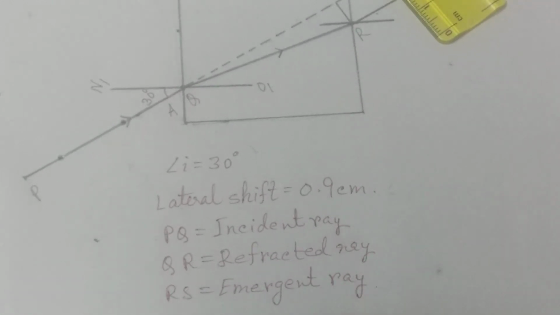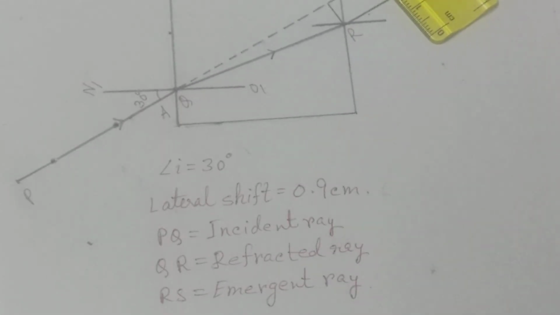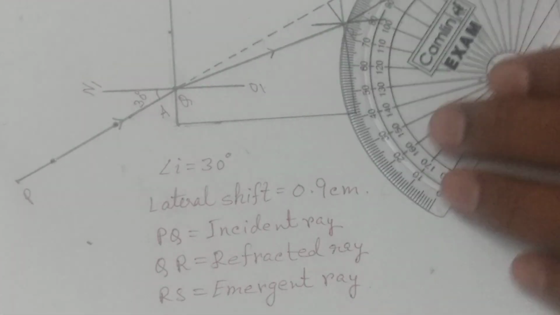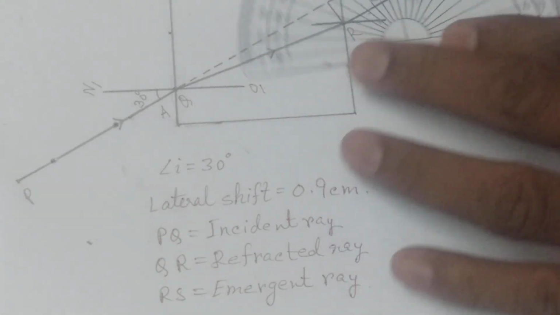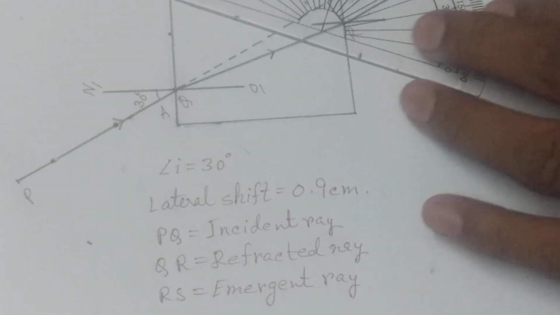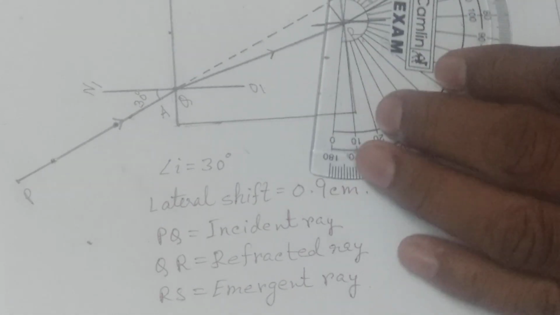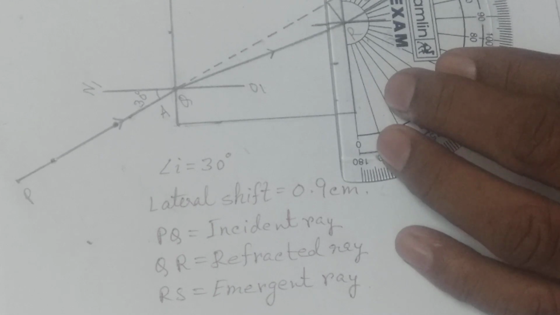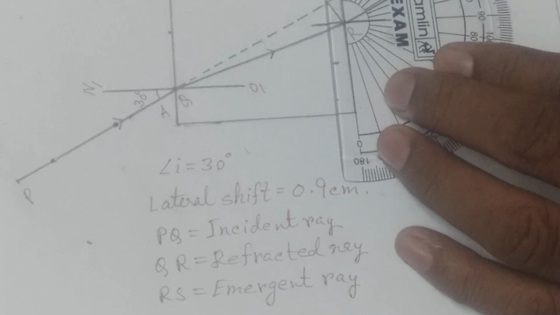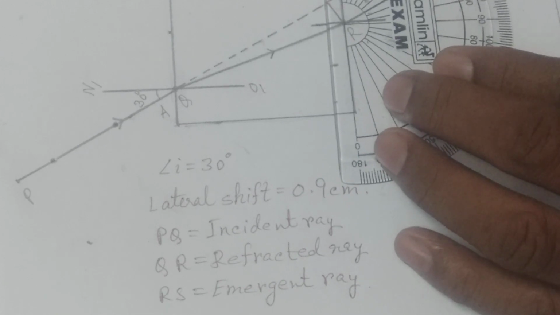Now let us find the angle of emergence. How much is the angle of emergence? Let us measure with the help of this protractor. Here you see, this is exactly 30 degrees. 10, 20 and 30, right?